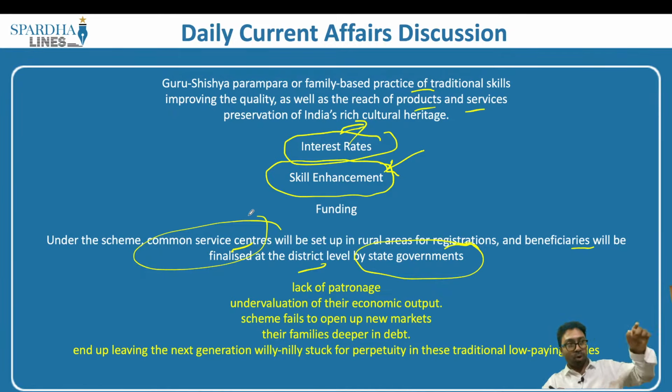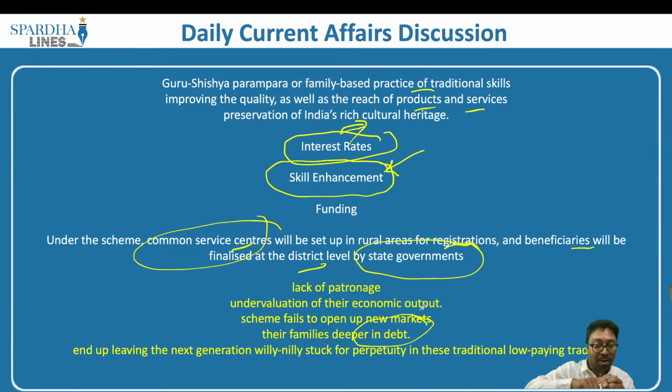So if my product is not being sold in the market, I would have a lot of credit that I have taken, which means it is not only me who is suffering. If this particular product is not sold, my family could also come under a lot of debt as well. So the problem is there is lack of patronage. There has to be one section of the people who are buying it. The government has to procure it, or a certain section of the people have to procure it.